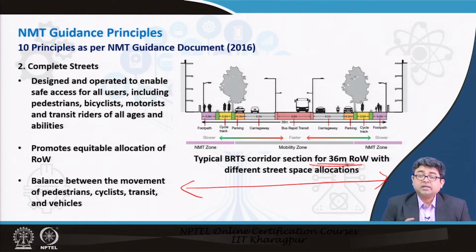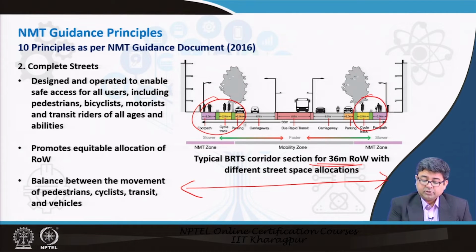This is a cross section of a main street which has a 36-meter right of way. Even when you are designing a main street like this, you have to keep in mind that on both ends of this street there should be provision given to bicycles, there should be provision given to footpath, should have some parking, should have green infrastructure.